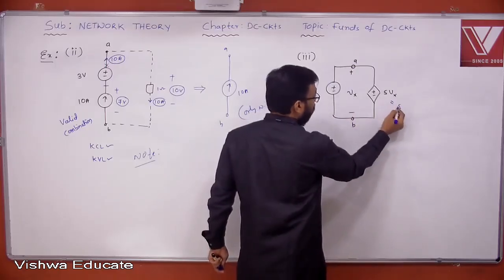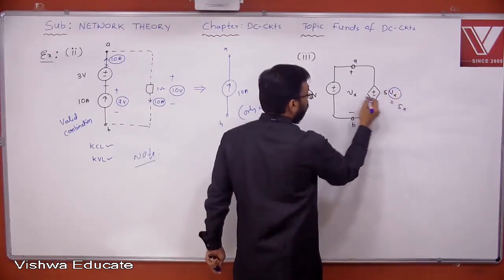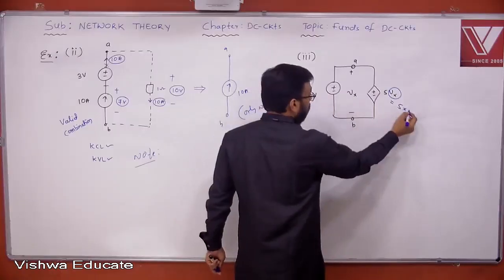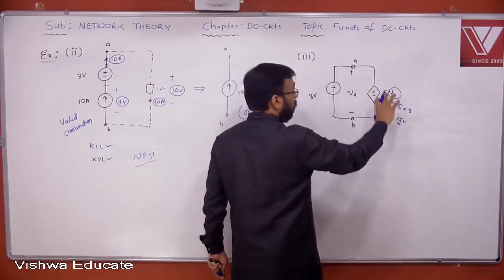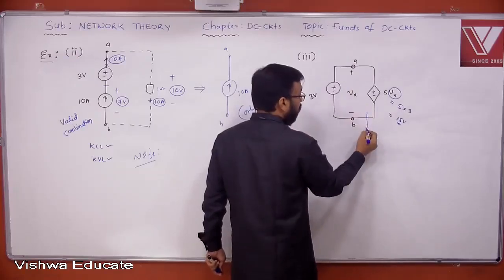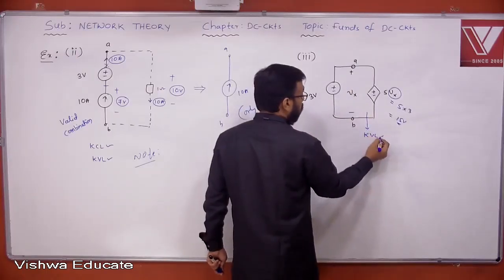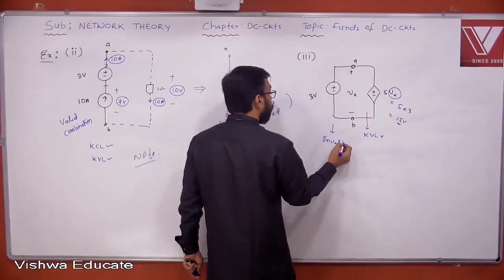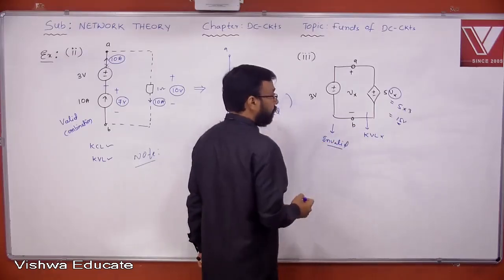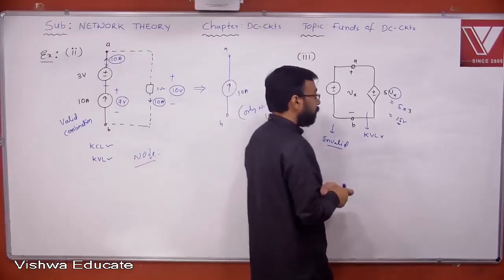Check what this Vx value is here. It is only 3 volts, and the other is 15 volts. How can you connect a 3 volt source across a 15 volt source? KVL is getting violated. Therefore, the circuit is invalid.